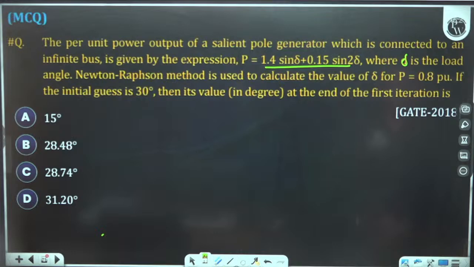The initial guess is 30 degree. Find out the value of delta after the first iteration. Only this type of question may be asked, only one iteration. Otherwise, from the GATE exam point of view, the Newton-Raphson method or Gauss-Seidel method is not very important. They can ask only this type of question.